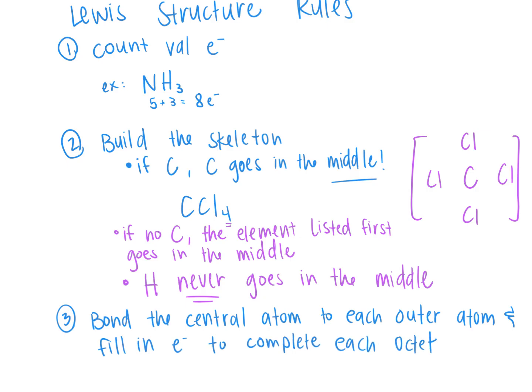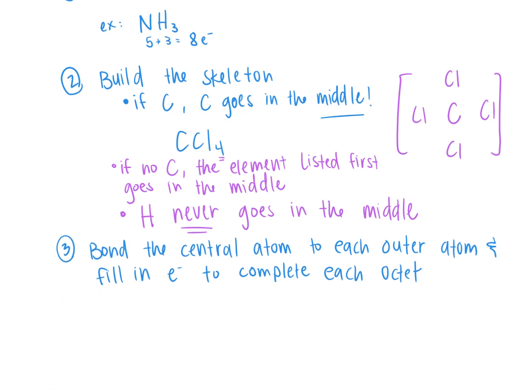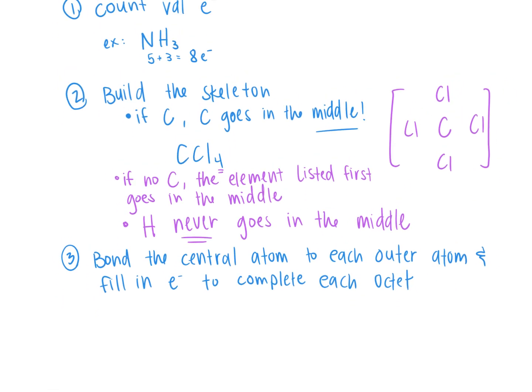Now that step is kind of loaded, right? Because that can be a little bit tricky to do, but that's the goal. We want to bond the central atom to each outer one, and then we start to fill in our electrons to complete our octets. Okay.